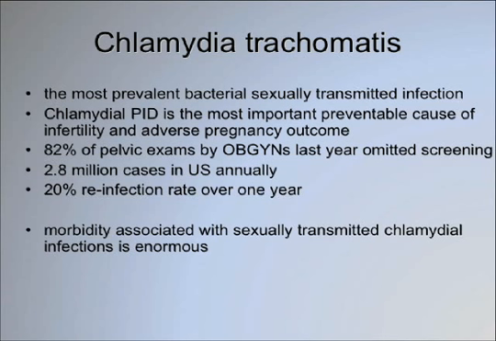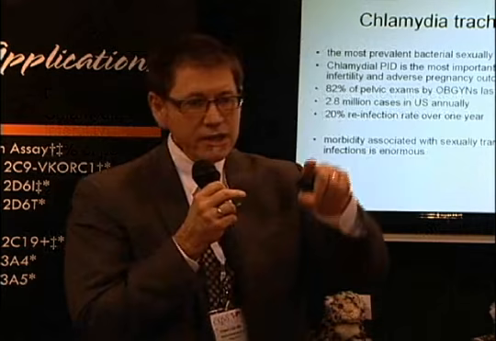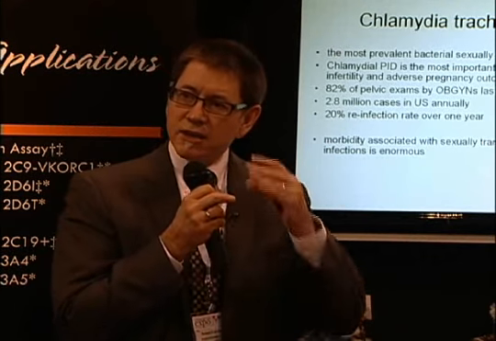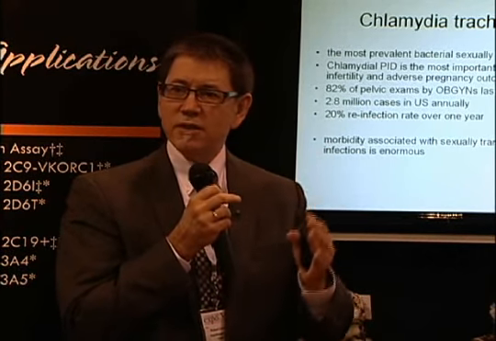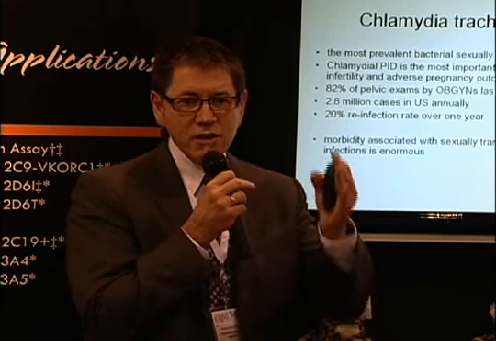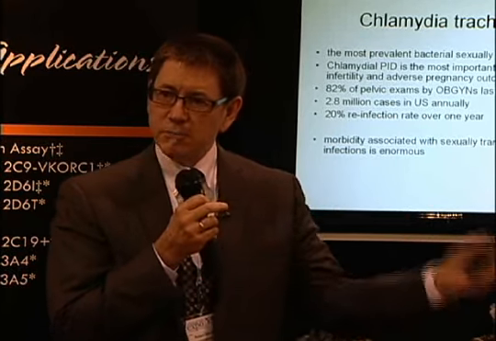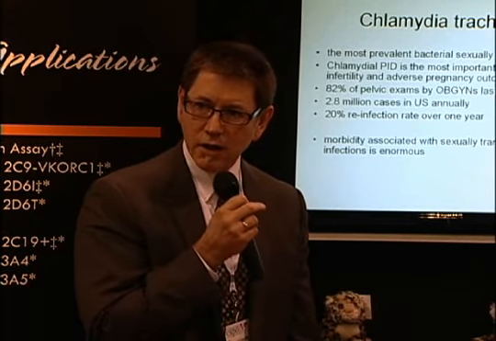There are studies out there. 82% of pelvic exams by OBGYNs last year omitted appropriate chlamydia screen. We can treat chlamydia, but we have to recognize it. And the advantage of piggybacking this onto one thin prep sample is that all the physician has to do is check the box off and make it a standard policy that anyone between the ages of 20 and 45 should receive the benefit of a chlamydial screen.